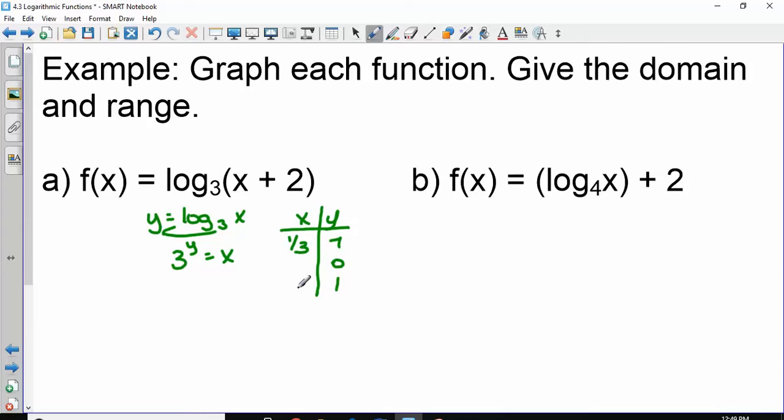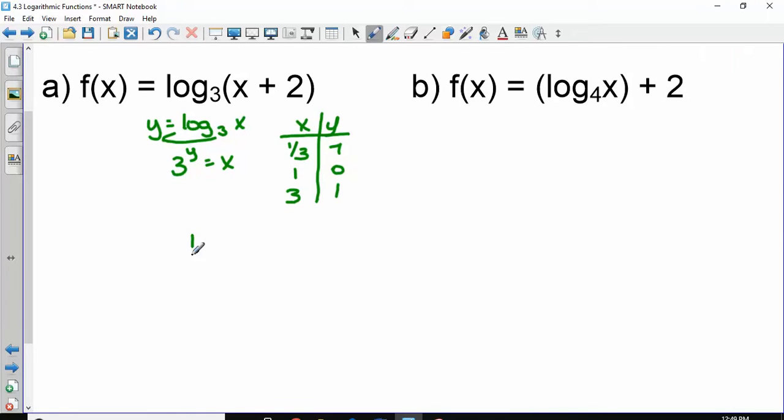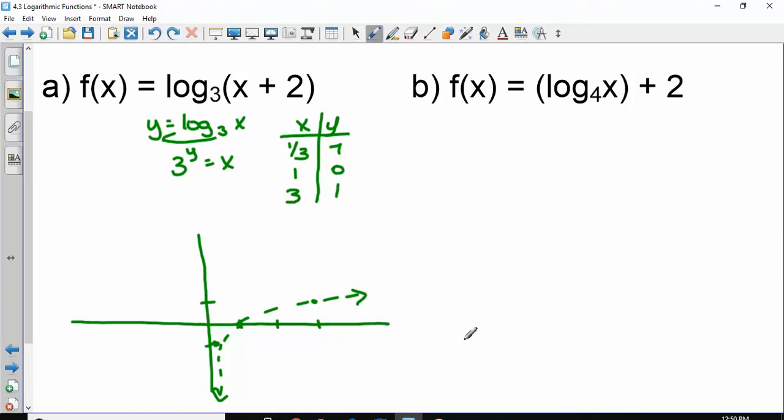So 3 to the negative 1 is 1/3. 3 to the 0 is 1. And 3 to the first is 3.